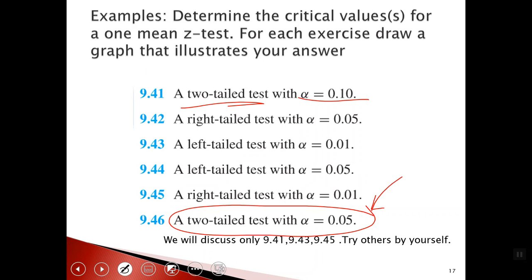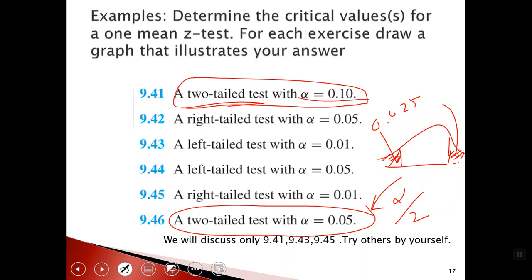Two tail test, alpha 0.05. So you have this rejection region, this much is 0.025, and the other side is again 0.025. You remember that you have to take alpha divided by 2. So whatever is inside these two regions, reject.